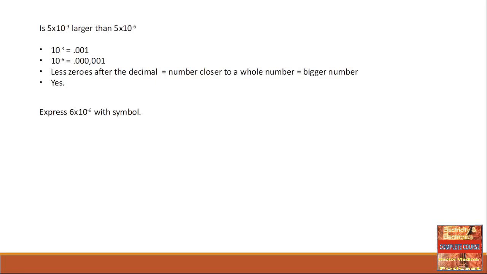So the fewer zeros after the decimal, the larger the number is, because it is closer to a whole number. So yes, 5 times 10 to the negative third power is larger than 5 times 10 to the negative sixth power.